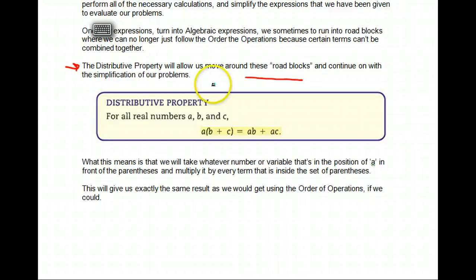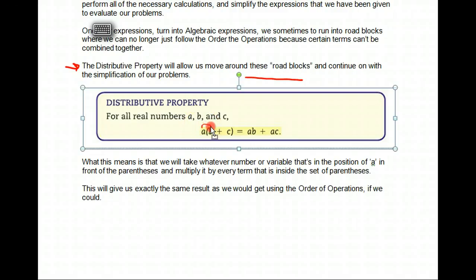What the distributive property tells us is that we are allowed to take the coefficient of that group, which is A, and multiply it into that group. So you're allowed to multiply A times B and then multiply A times C in order to remove those parentheses and move forward with your problem.